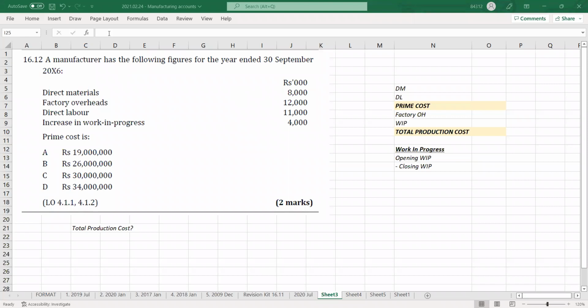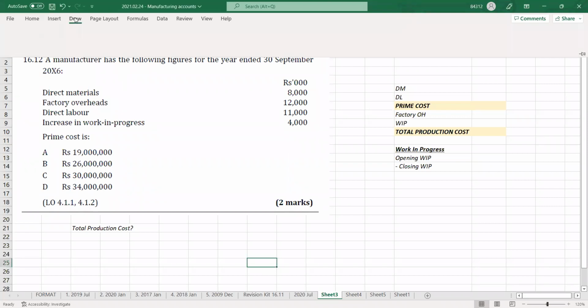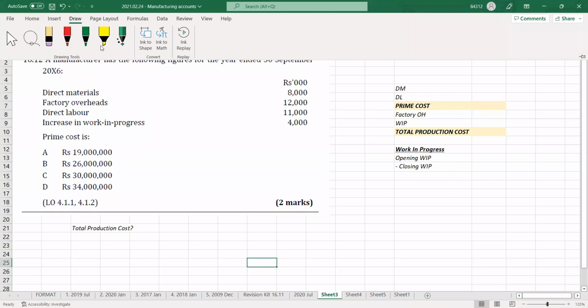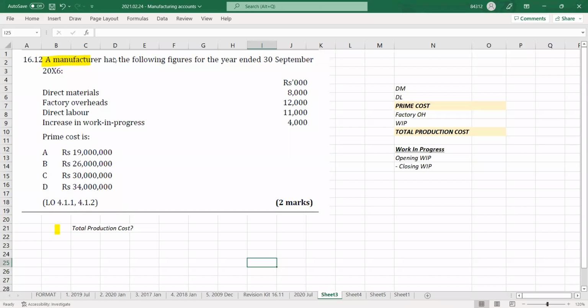Okay, so the question is, a manufacturer has the following figures for the year ended 30th September 2006. Direct material, factory overheads, direct labor, increase in work in progress.